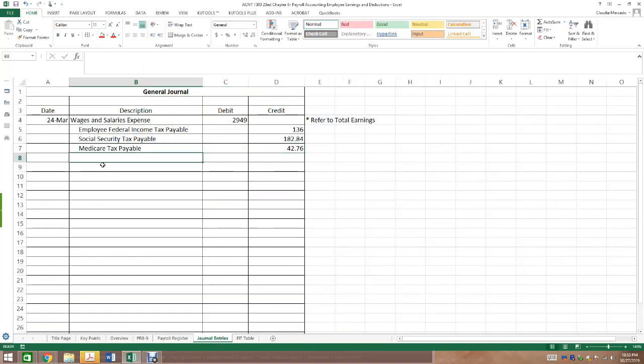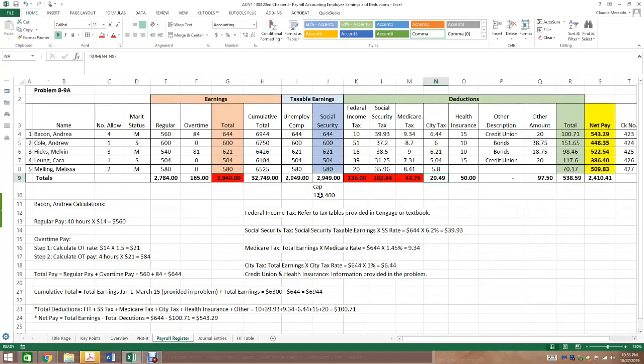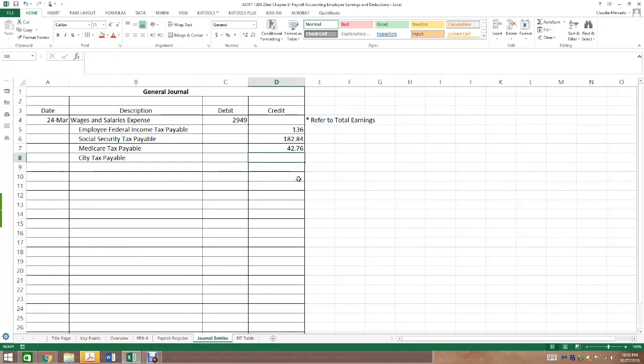The next one we have is City Tax Payable. My City Tax Payable is $29.49. So you see, we're just getting the totals from the payroll register. All the work has been done.